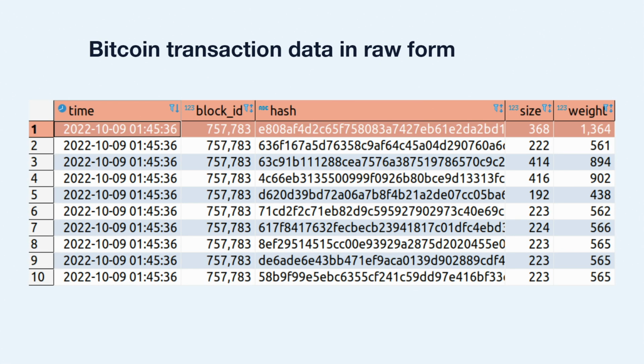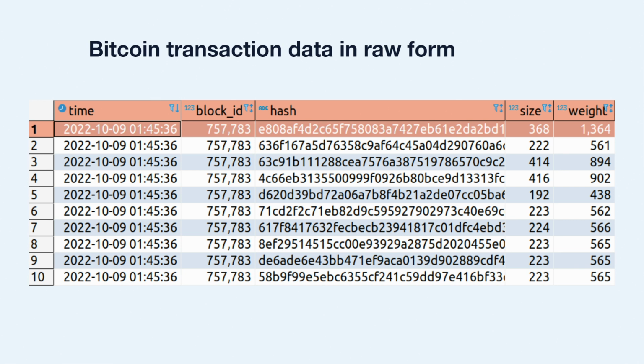And this is another raw data example that can be used as a data set in your data application database. This is from the Bitcoin blockchain. So this is on-chain data and a few of the columns.